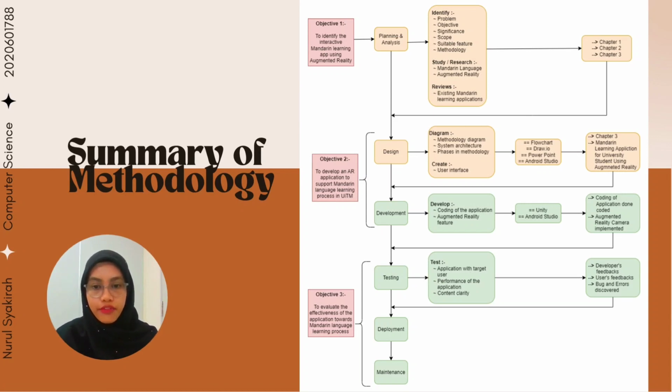For the test phase, it will test the application with the target users. The developer will also check the performance of the application and also the content clarity. For the deployment and the maintenance, there will be no explanation because they will not be carried out in this project. That's all for the summary of methodology.